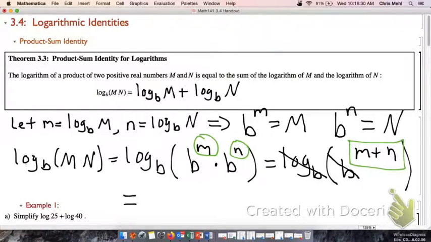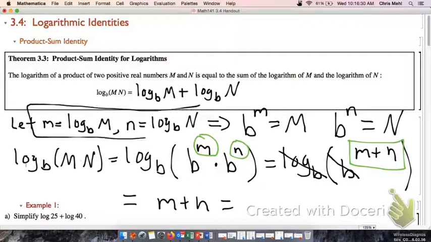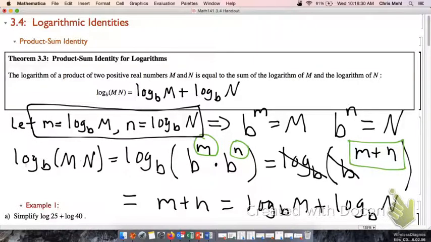So this equals m plus n, which if you go back to the beginning, I let lowercase m be log base b of capital M, and then lowercase n was log base b of capital N. So that verifies that property. So it does come down to using your conversion between exponential and logarithmic form, and then using a property of exponents.